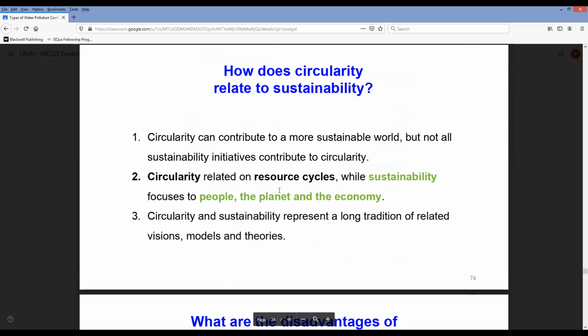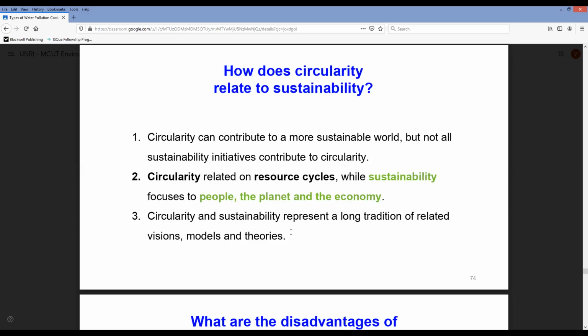How does circularity relate to sustainability? Sustainability means we try to make a thing last longer, to make it constant and stay longer. The circularity can contribute to a more sustainable world, but not all sustainability contributes to circularity. Circularity relates to resource recycling, while sustainability focuses on people, the planet, and economy.